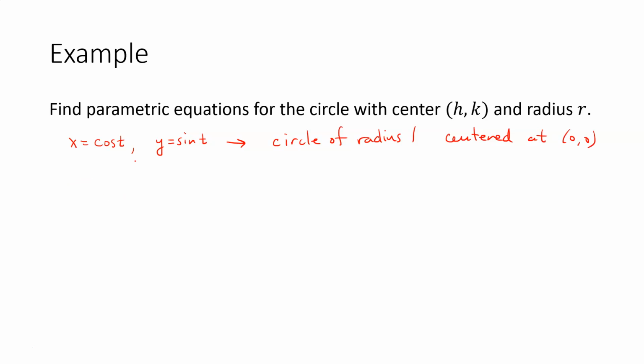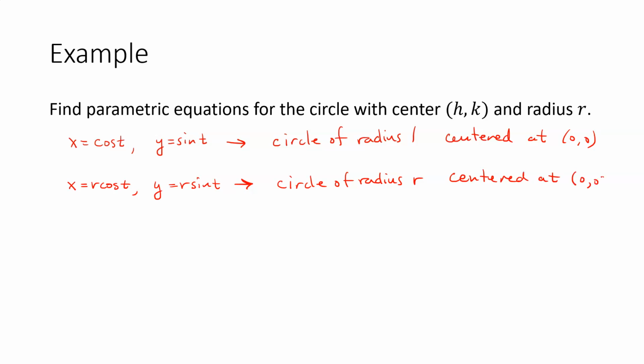So if we want to increase the radius, one way we can do that is we can multiply sine and cosine by a constant. So if I do x equals r cosine t, y equals r sine t, that's going to give me a circle of radius r, still centered at 0, 0. Right?